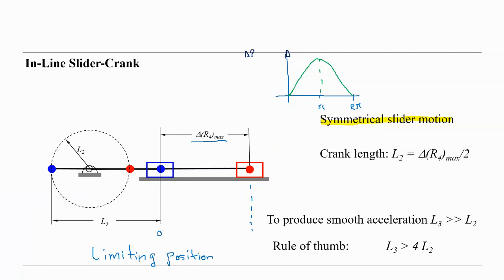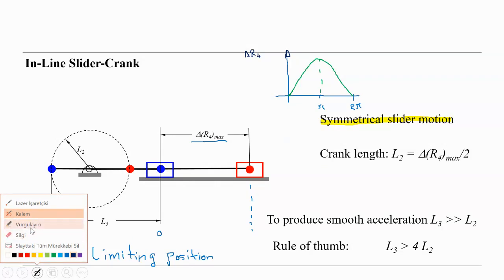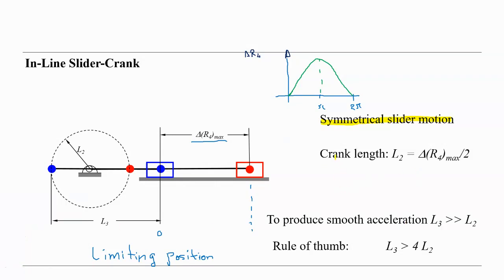Delta R4 value is in millimeters. So if we check this, the crank length creates this distance.